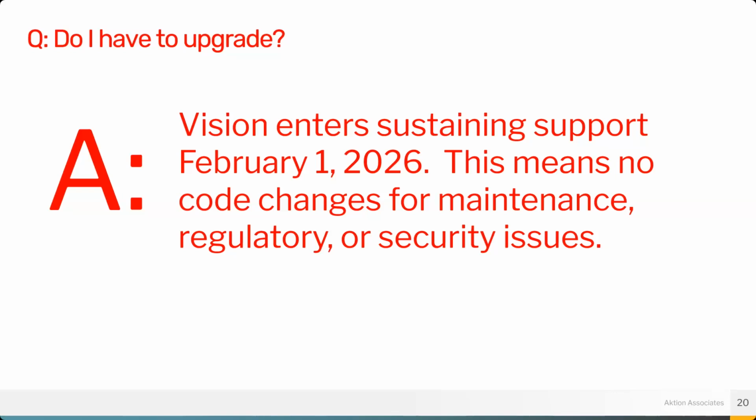Well, it should be noted that at the end of 2026, in 2027, that's when Deltek will start truly winding down Vision. So if you use the system for payroll, then you need to upgrade prior to the end of the year. The second aspect is there are a lot of people still on Vision.